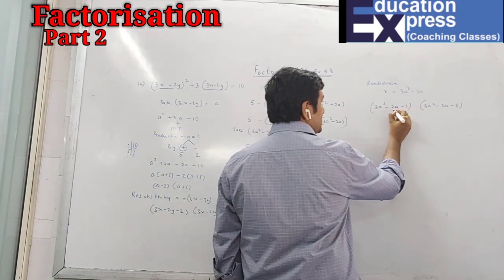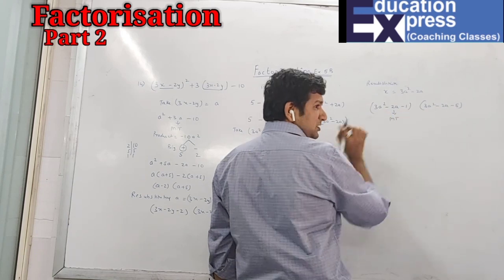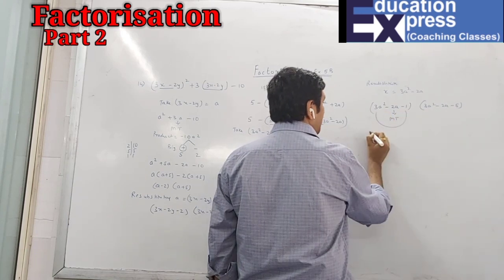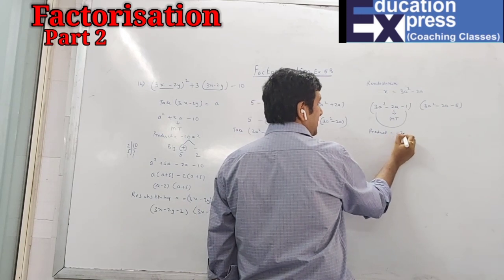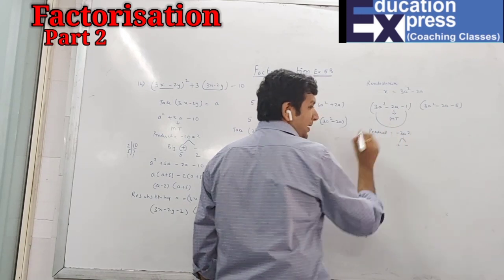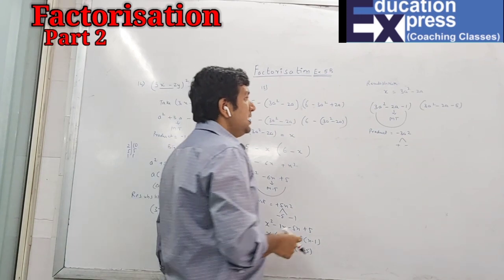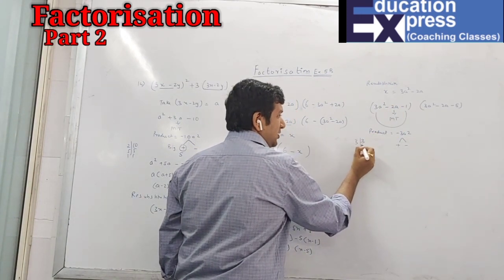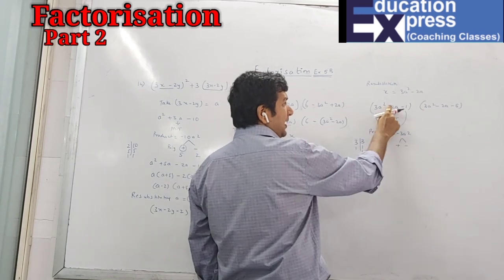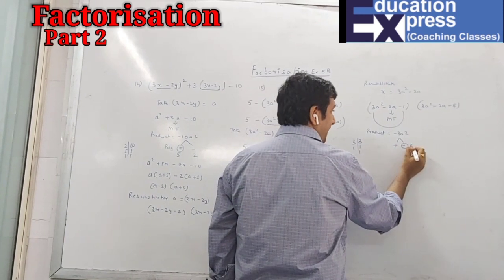So the middle term is minus 2a and the product is minus 3a square. That means plus and minus. That means you have to subtract two numbers and get the middle term, which is possible over here. So 3 ones are 3, the factors of 3. The bigger number gets the middle term sign.